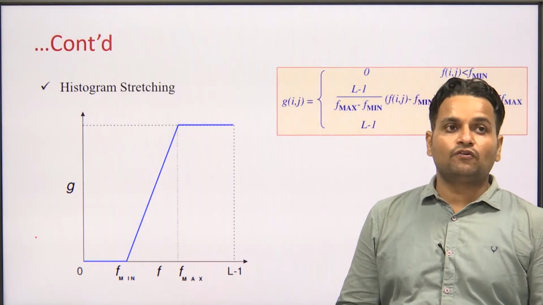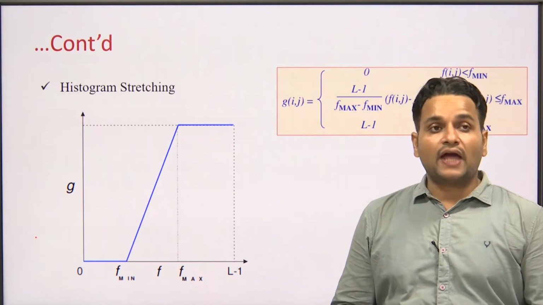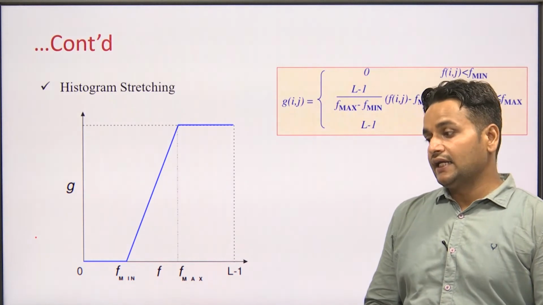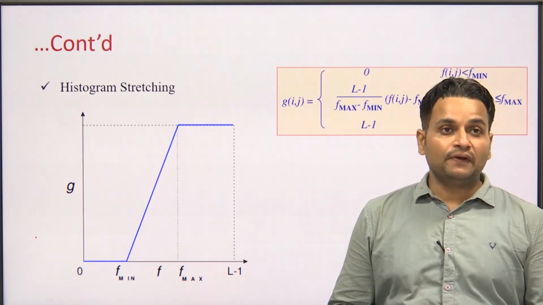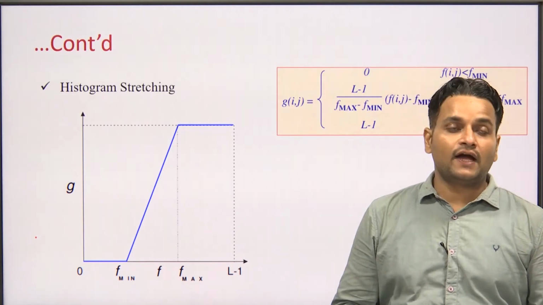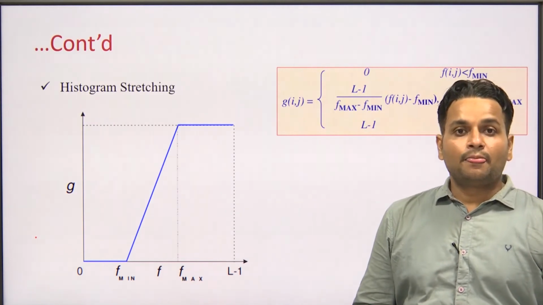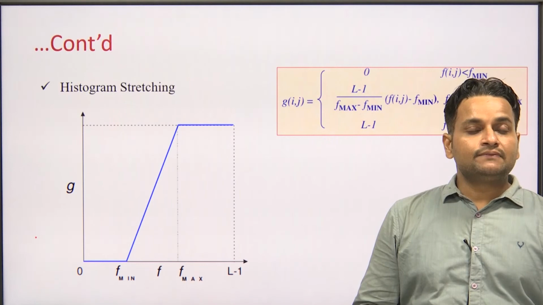So, the y coordinate, or vertical coordinate, is just g, and if we talk about the x coordinate, or horizontal coordinate, then it is f of i, j. Okay. So, if you simplify, then you can directly identify that the relation is a straight line. So, we can say that it is nothing but a linear kind of function.